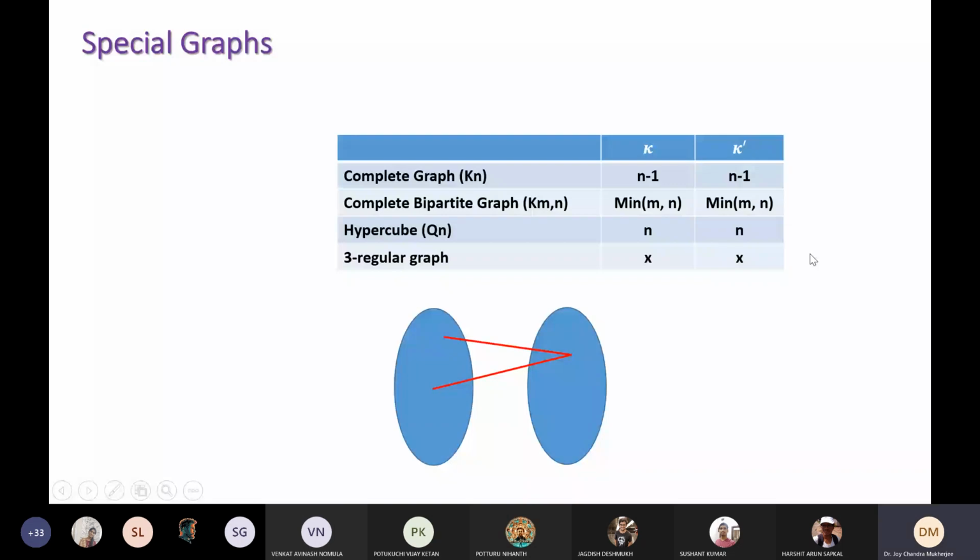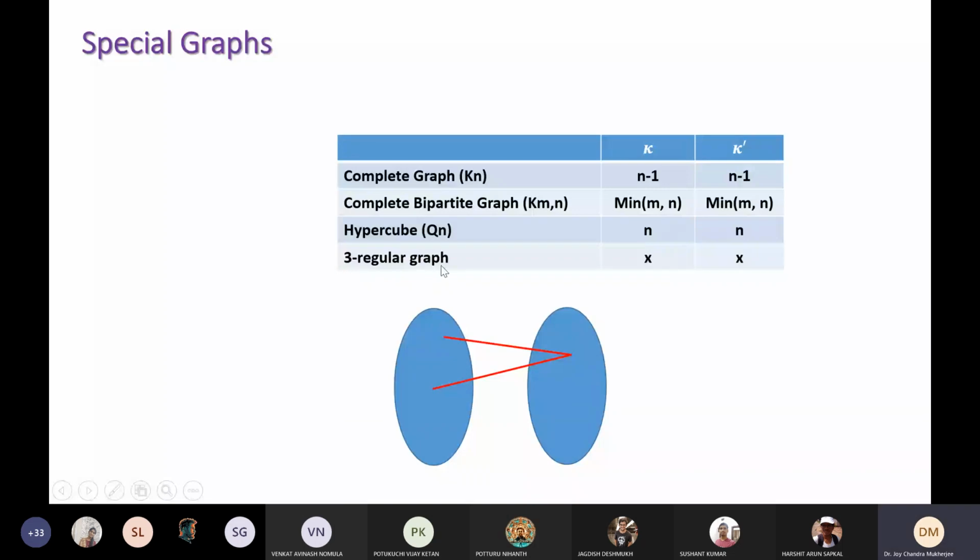So for the hypercube Qn, the vertex connectivity and edge connectivity are both n. But we have to prove this claim.